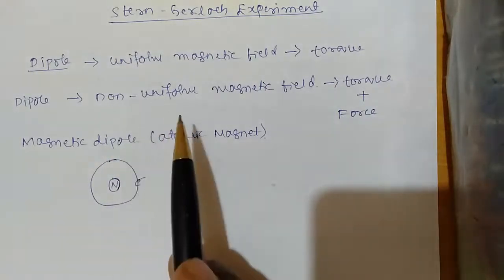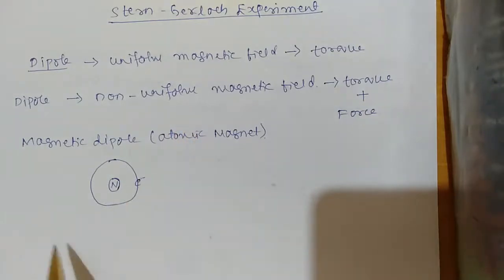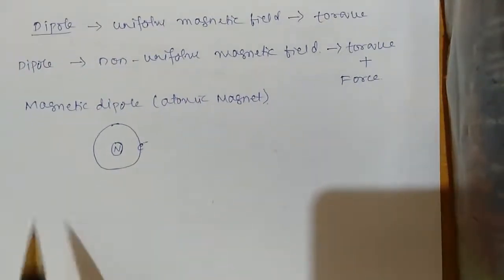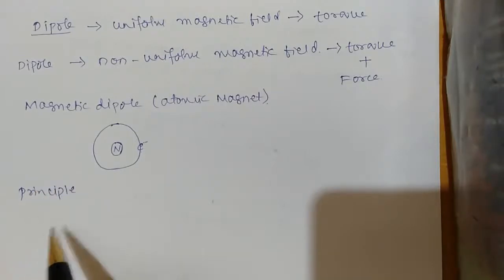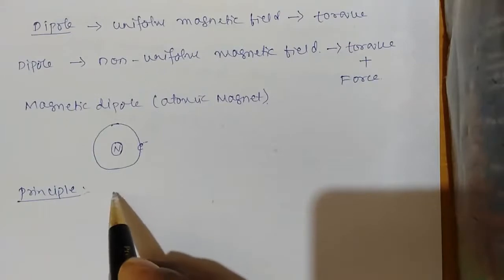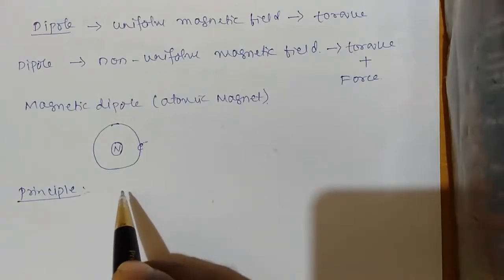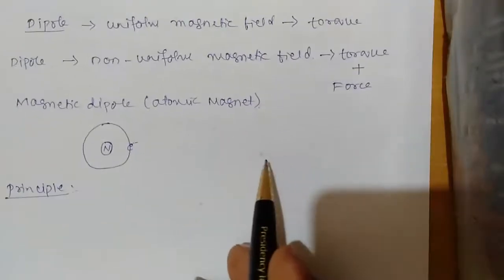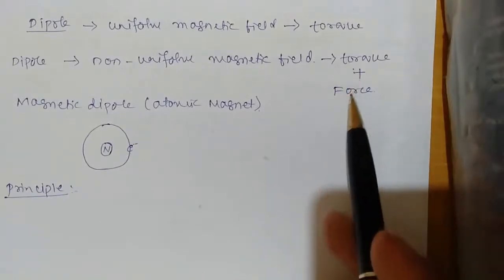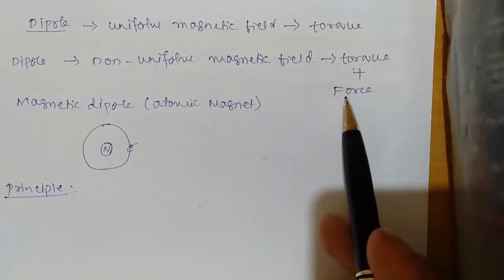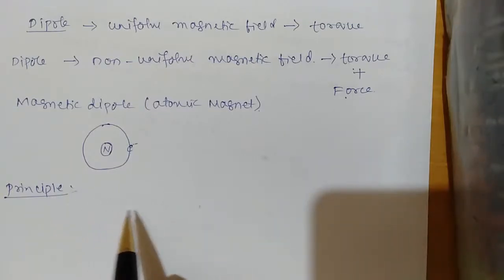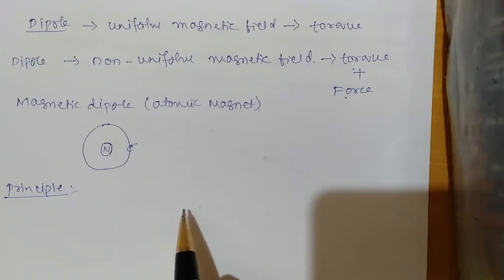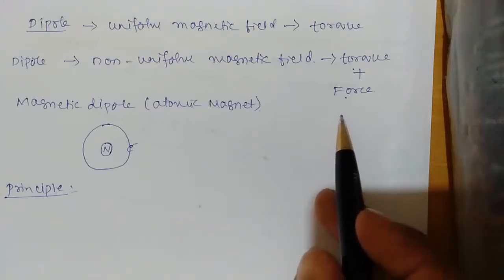The basic principle of the Stern-Gerlach experiment is this: whenever you have a magnetic dipole or atomic magnet placed in a non-uniform magnetic field, as we discussed earlier, along with the torque there is a force acting on it. The dipole will experience an additional force along with the torque.